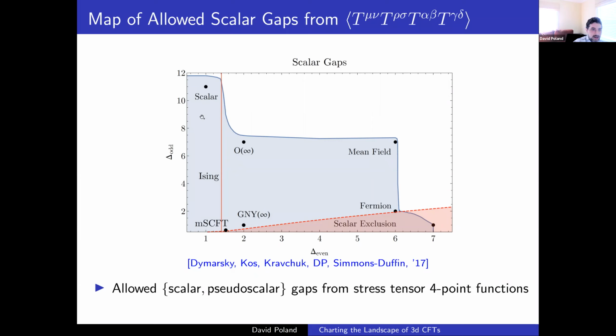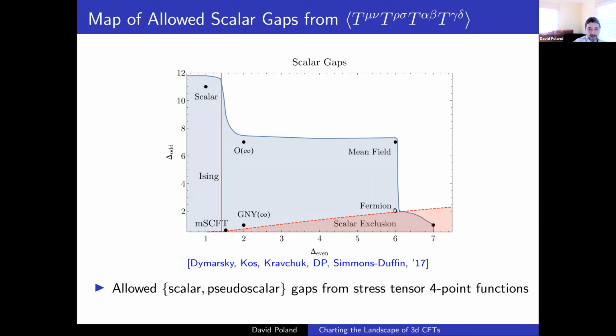So a free scalar theory actually lives up here, where there's a scaling dimension at 1 and 11, so it's actually very hard to build a parity odd scalar operator in a theory of a single free scalar. You have to use a lot of derivatives and an epsilon tensor and so on.